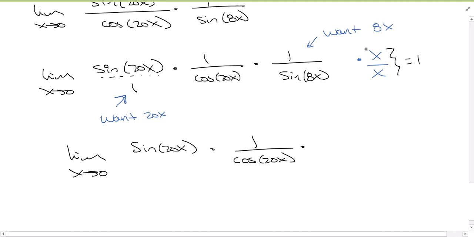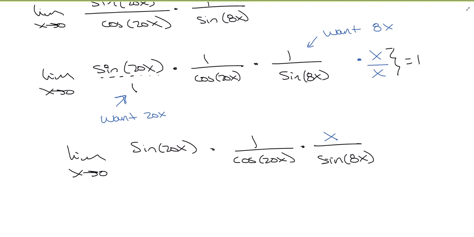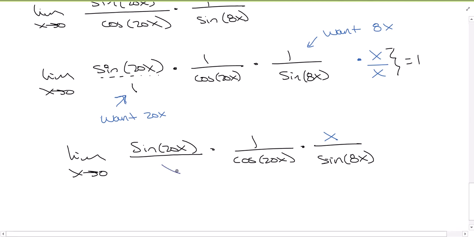But I'm going to take this x and put it on top of this one. So it's going to be x over sine of 8x. And then this bottom x, I'm going to multiply it by the 1 that's over here. So I'm going to have sine of 20x over x.